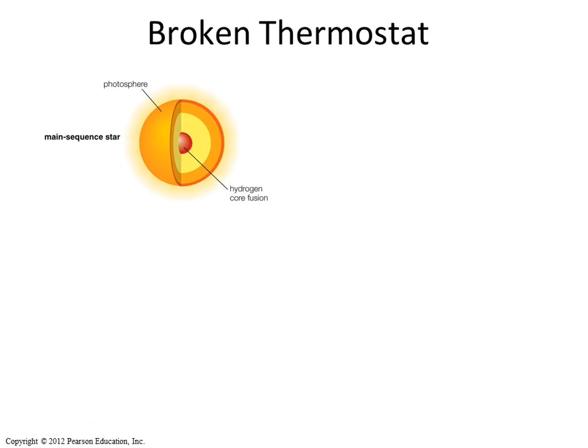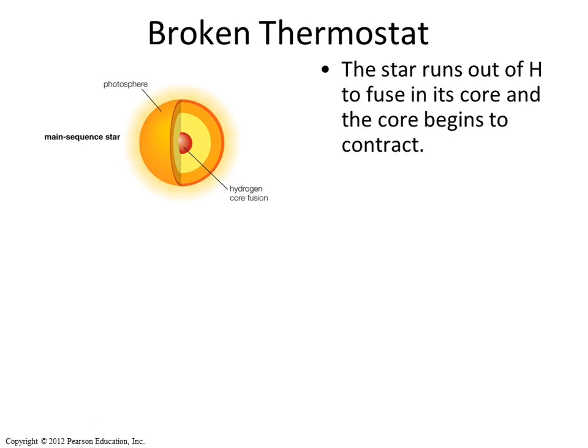So when we talked about the sun, we talked about this subtle little thermostat, kind of like you have a thermostat in your house. If it gets a little bit cold, it'll kick on until it gets nice and toasty, and it'll kick off. That's a thermostat. Well, basically what happens when we run out of hydrogen in the core to fuse is that outer pressure slows down.